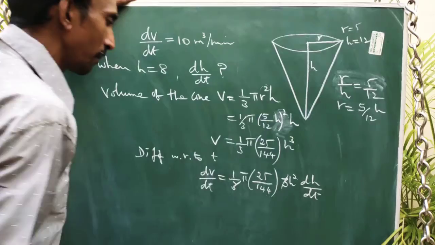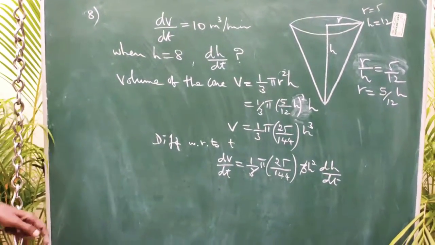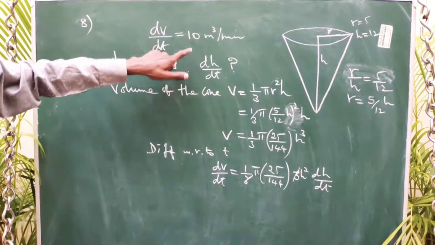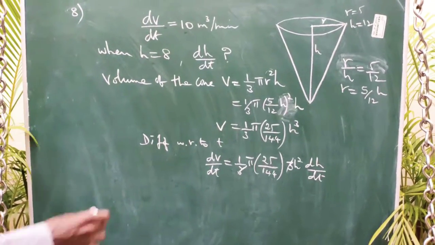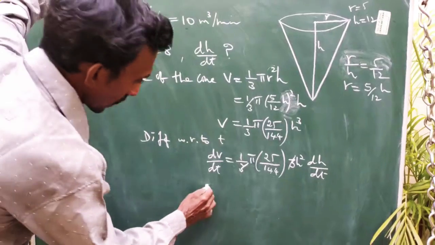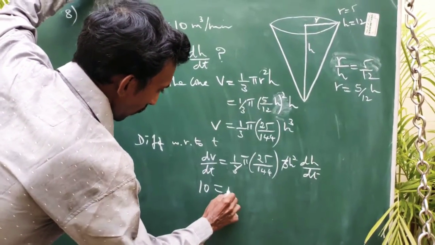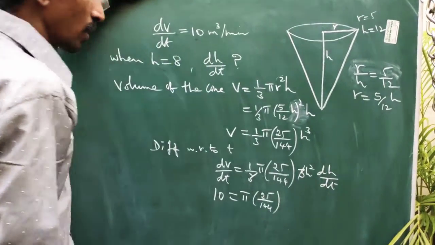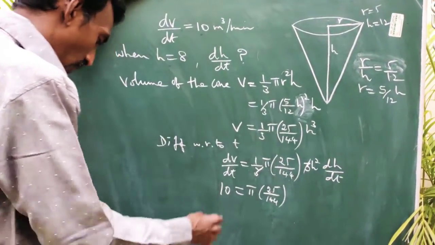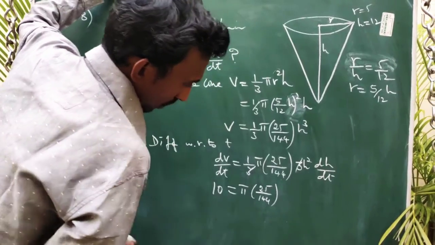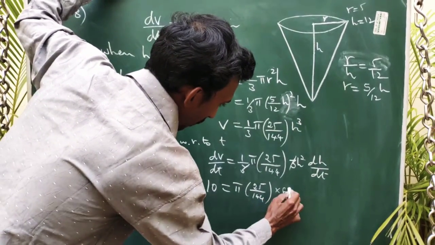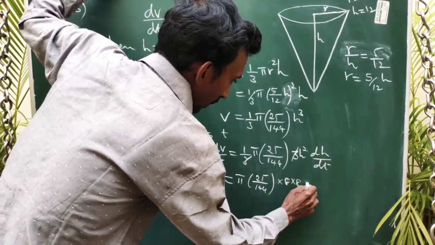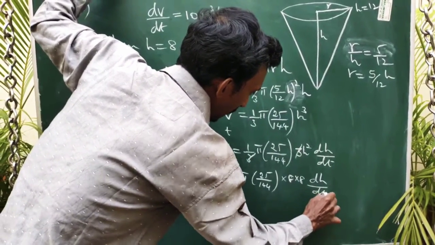So this 3 cancels. Already the values are given: dV by dt is 10 and h equals 8. So put the values here. 10 equals pi into 25 by 144, into 8 into 8, into dh by dt.